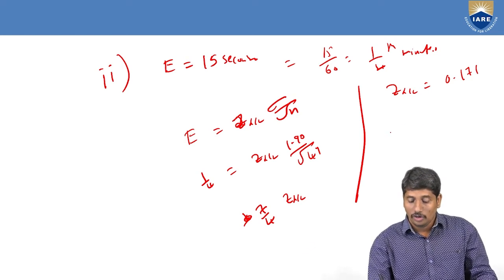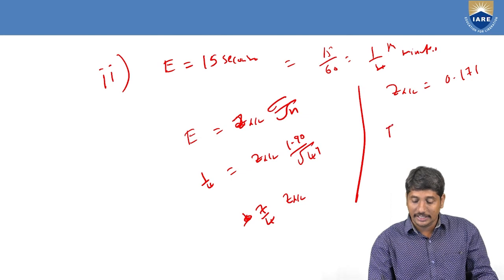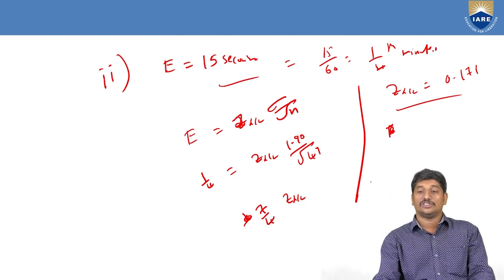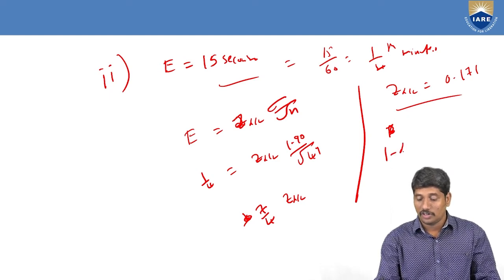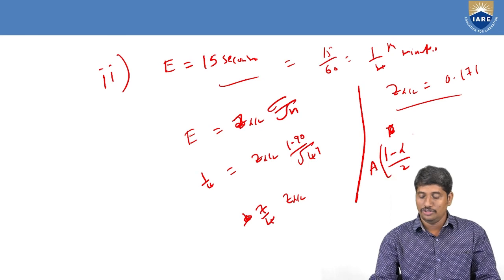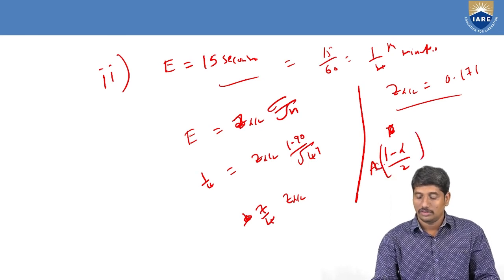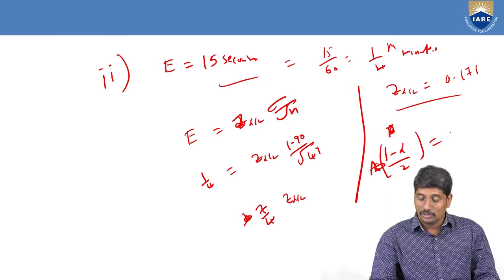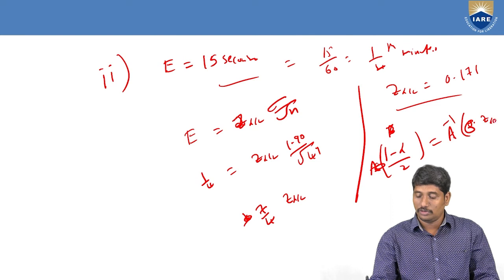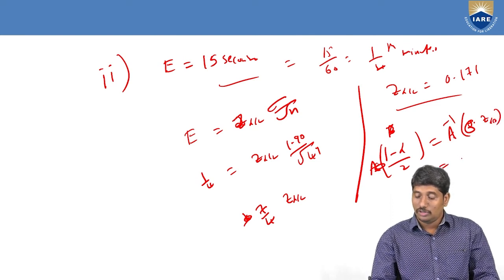Now we have E, we have Z alpha by 2. Now we are asked to find 1 minus alpha. You can use the formula: 1 minus alpha by 2 is equal to A inverse of Z alpha by 2, that is A inverse of 0.17.